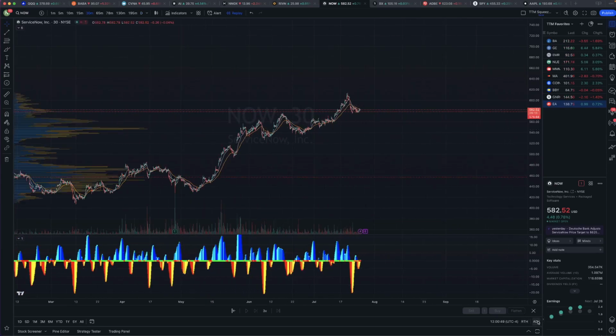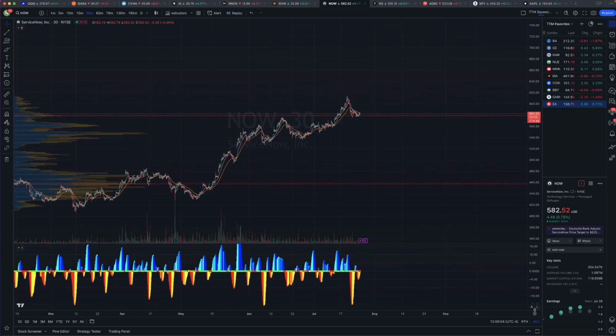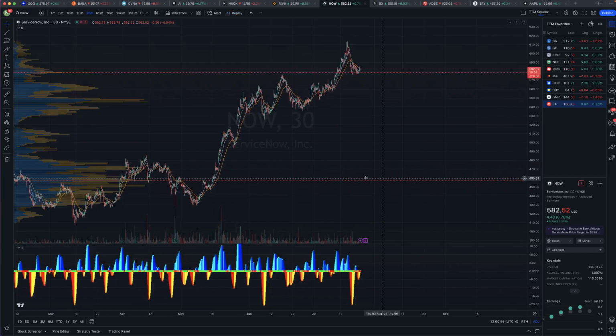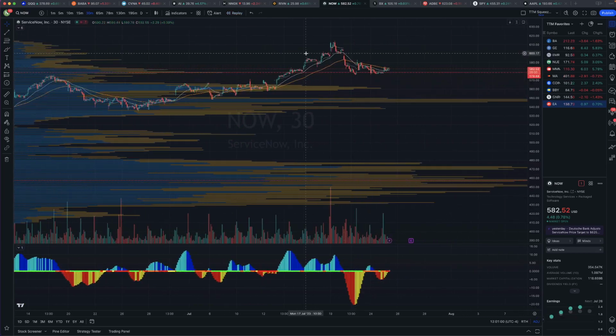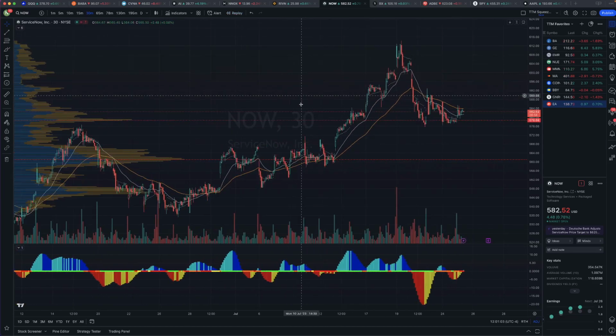Let's see, what am I doing here? Okay, so as we come in here, the level to pick this up off of, if you like this trade, if you want it. Oh man, these options are going to be brutal.